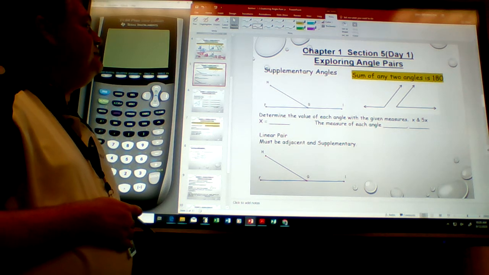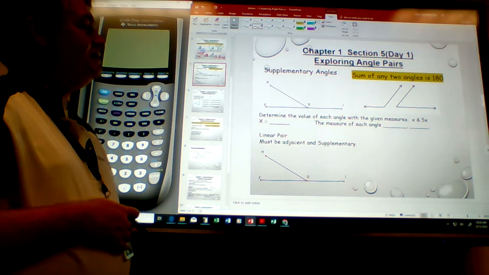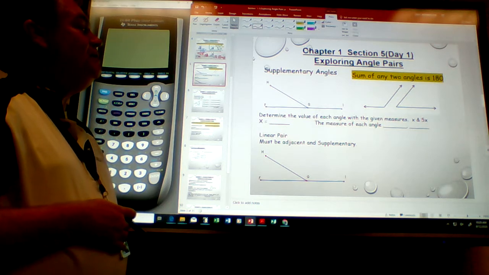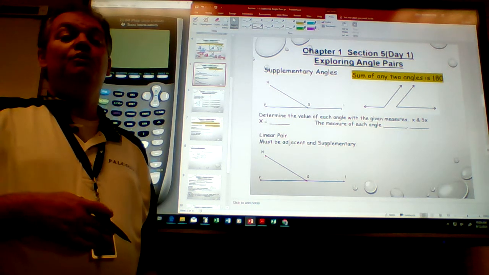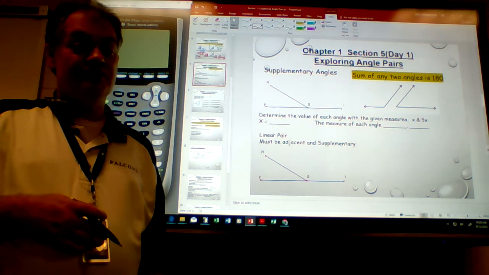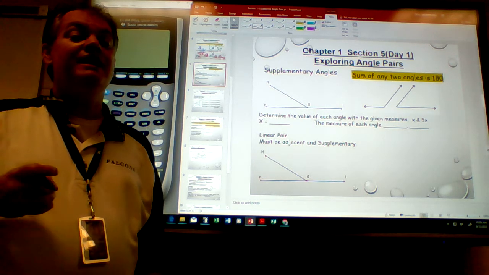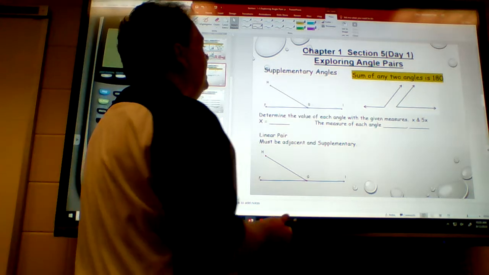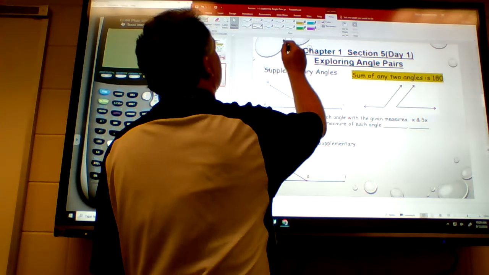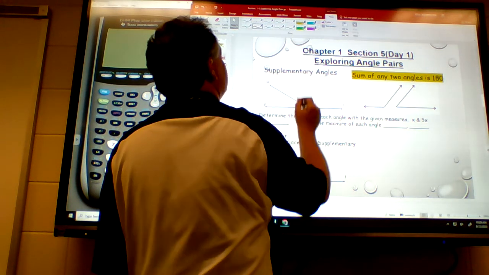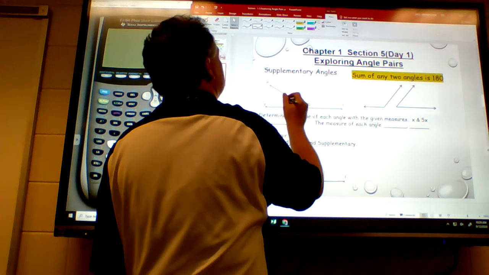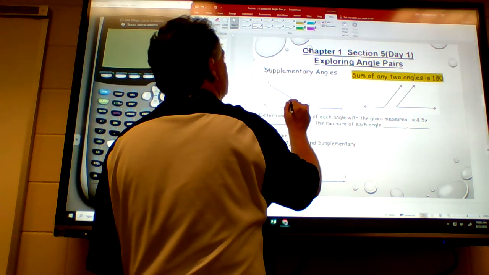So now that was complementary angles. Supplementary angles work very similar, but they add up to 180 degrees. So complementary adds up to 90, supplementary adds up to 180 degrees. So let's say that this angle right here, let's call this one y.